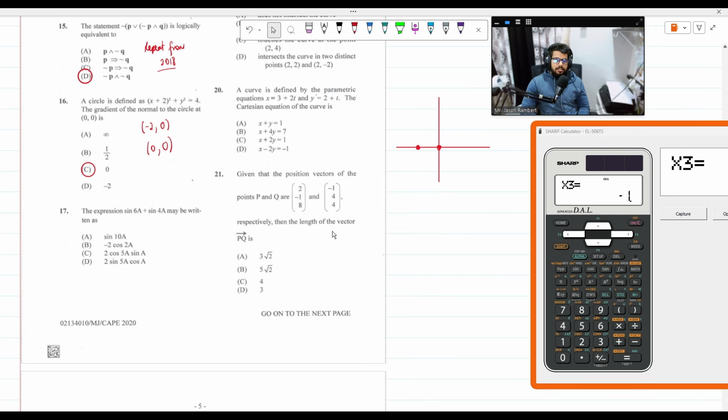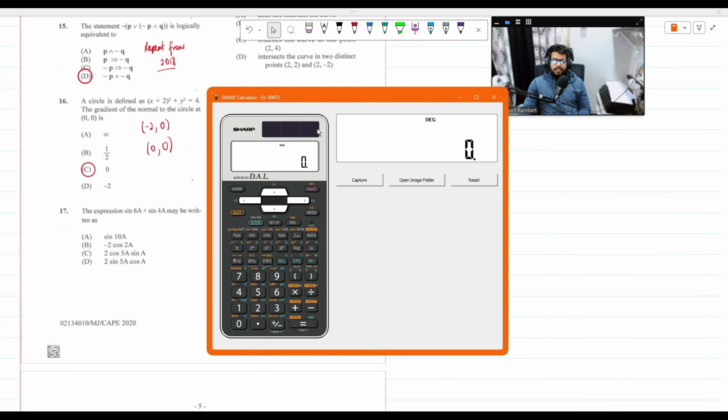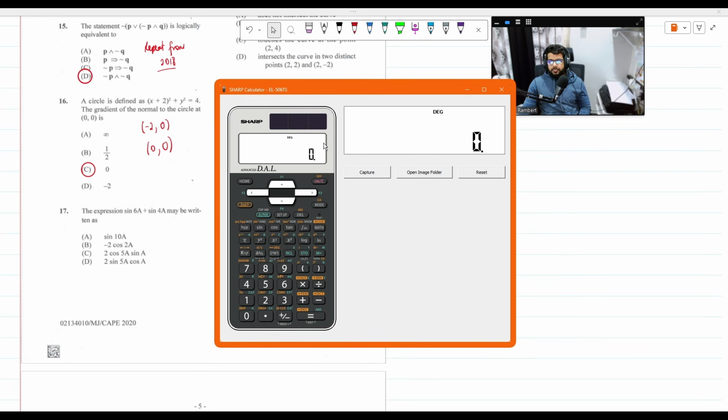Express sine 6a plus sine 4a, the expression sine 6a plus sine 4a may be written as, so this is where remembering your identities for trigs, for those of you all who don't like it, this method is going to be useful.